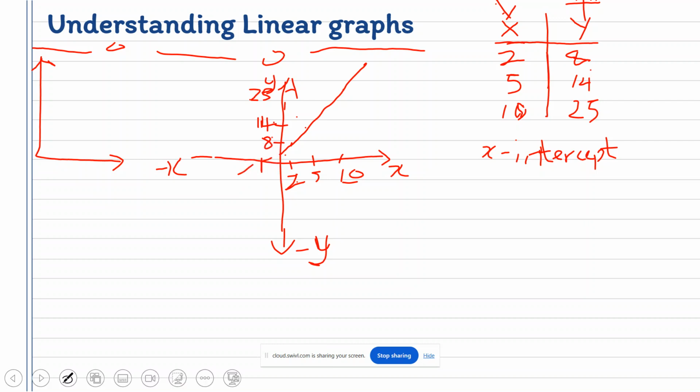Now, if you are using Excel, all you have to do is to tell Excel to generate the equation of the line. For every line that you draw on a linear graph, we can represent it by this equation: y = mx + c, where c is your intercept.